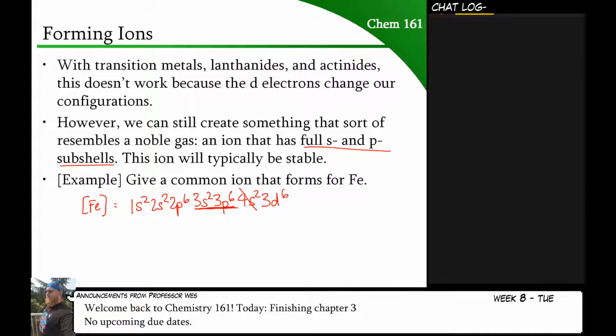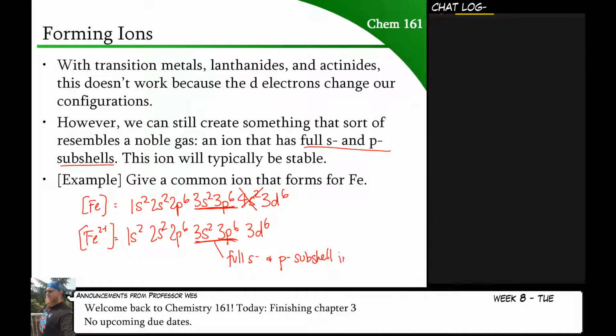That would just require me to get rid of these two. If I did that, I would have Fe2+, and then my electron configuration would be this, and then I have a full s and p subshell.